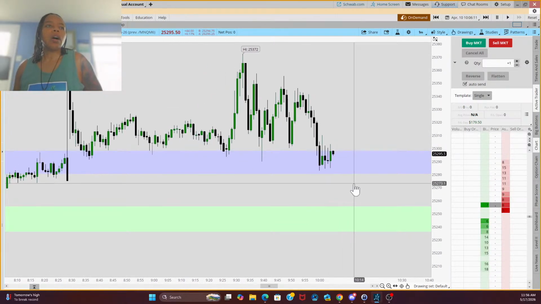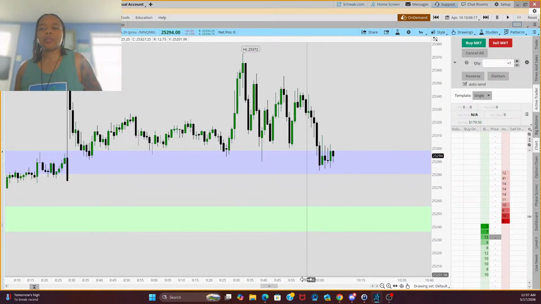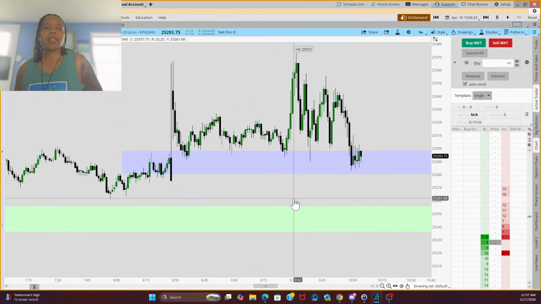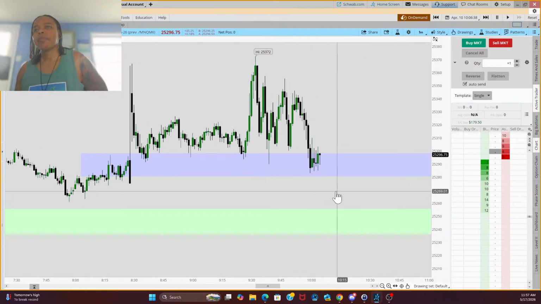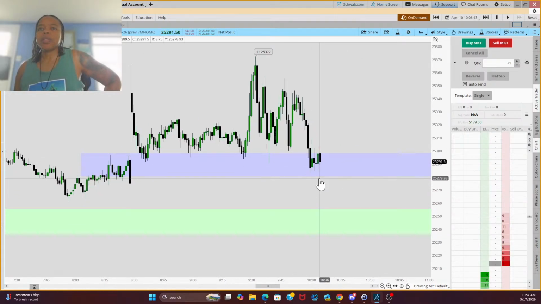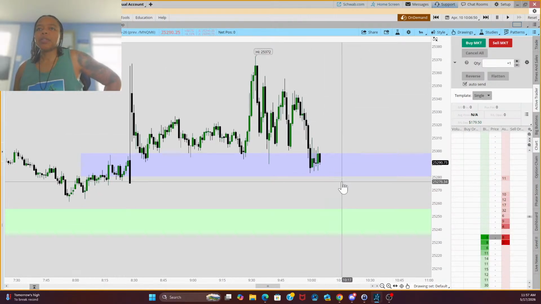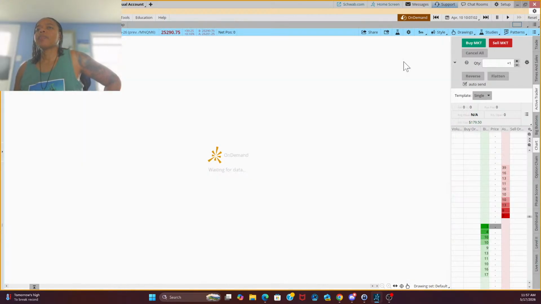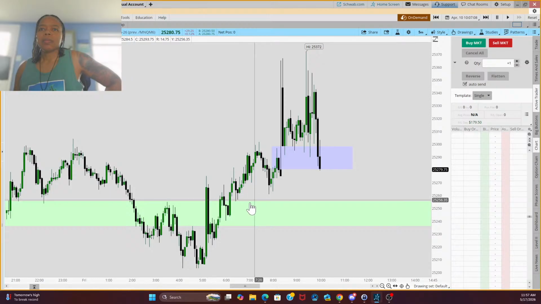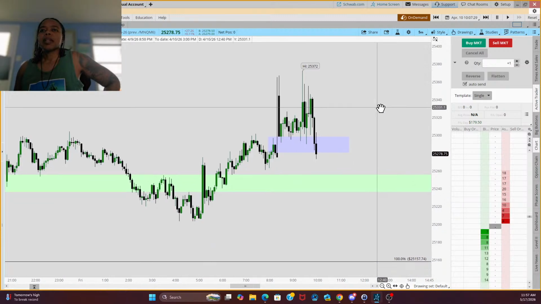And then we can take a long and we'll just put 1 micro long, stop down here, most likely. 2 micros if I put it below this guy, if we get above it. But yeah, this is the real low that I would have to work with. So let's see.